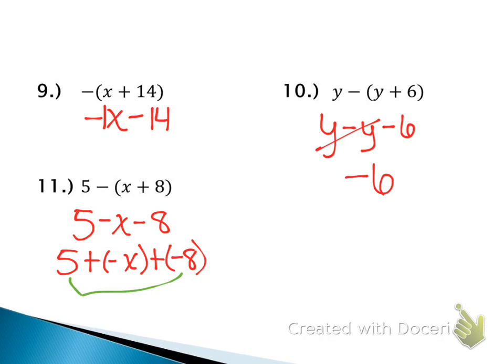So just kind of ignore the x in the middle. 5 plus negative 8. May, what would that give me? A negative 3, very good. And then you can just leave this as plus negative x, or you could rewrite it as just minus x. Either way would be fine.